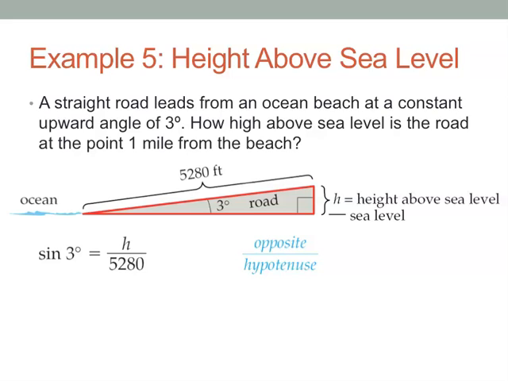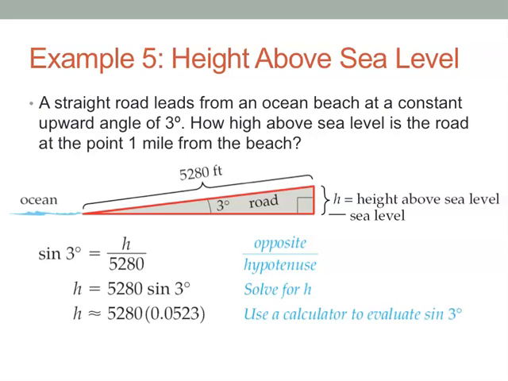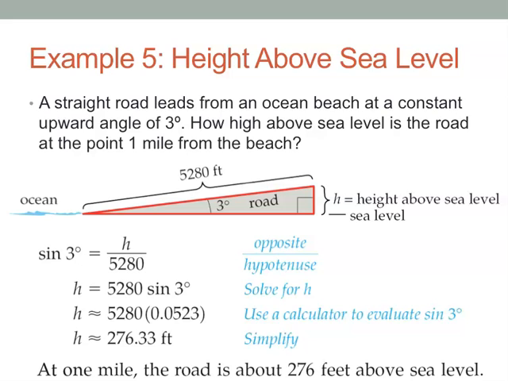We'll get h by itself by multiplying both sides by 5,280. And this comes out to be about 276.33 feet. So at 1 mile away from the ocean, the road is about 276 feet above sea level.